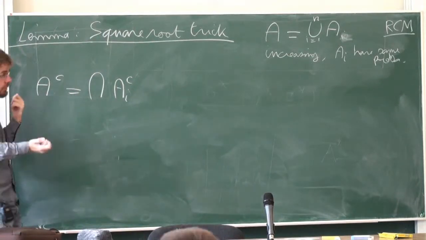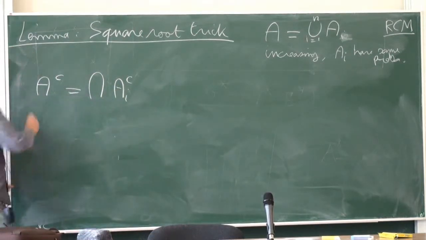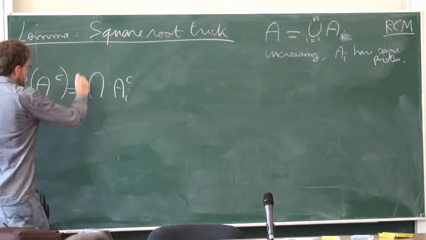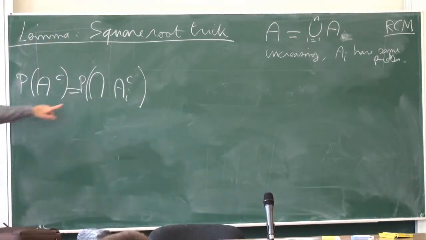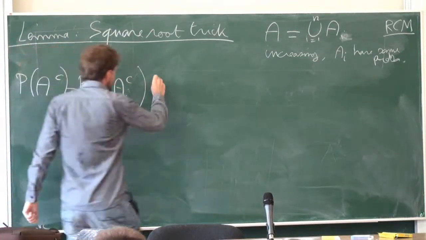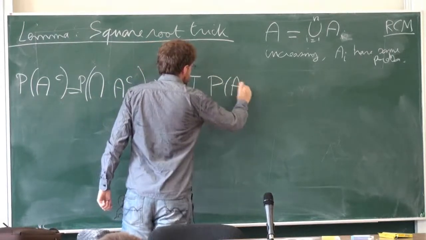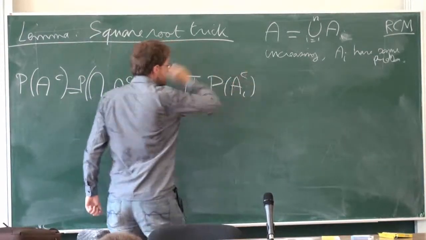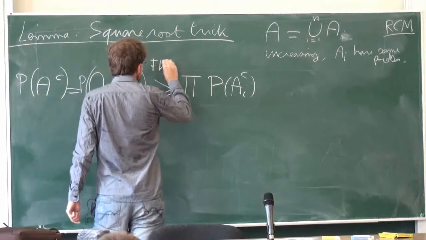It's the same argument as for increasing events. So the probability that A complement is the probability of the intersection of the complements of the A_i. These are decreasing events, so this is bigger than the product of probabilities of the A_i complements, from the FKG inequality.